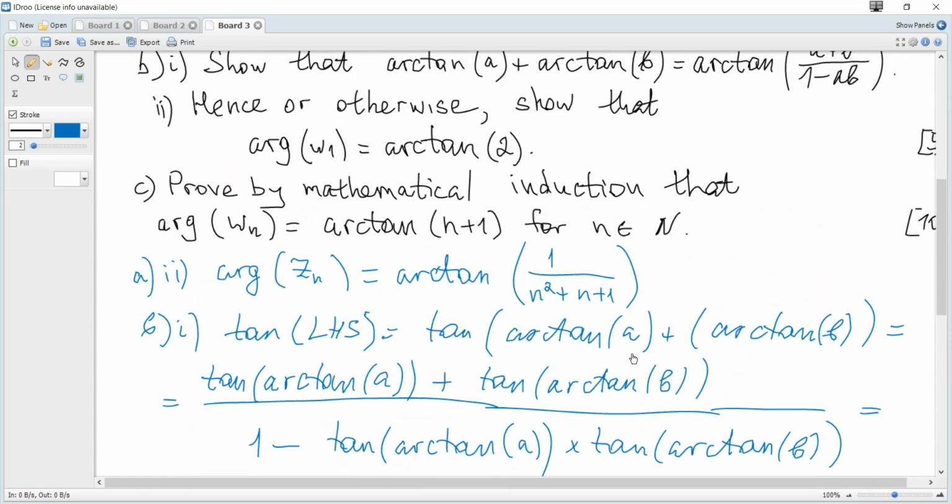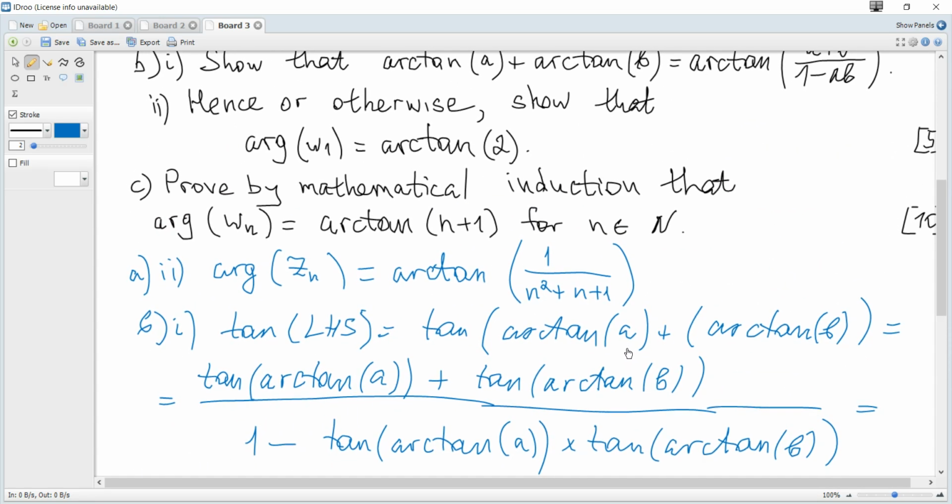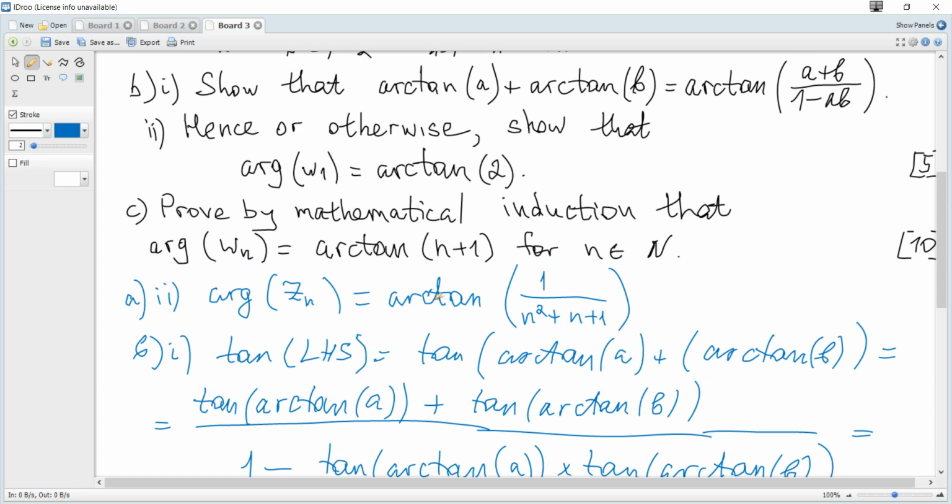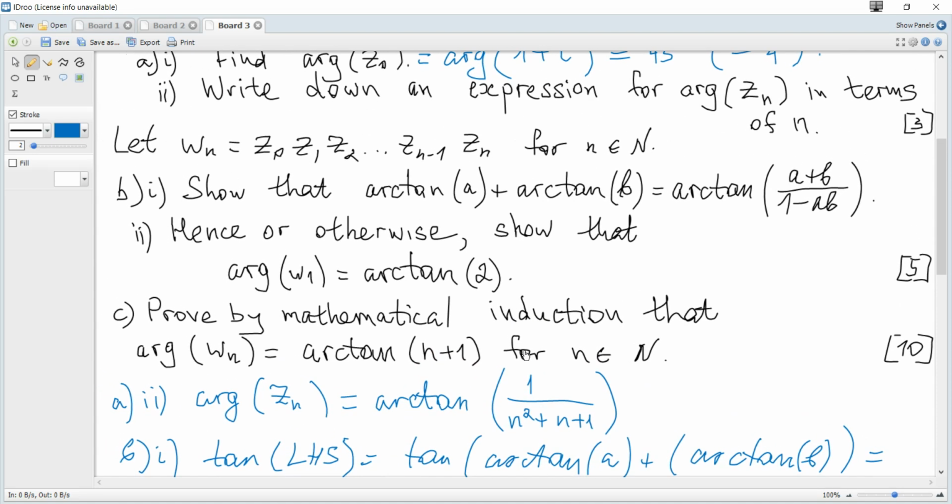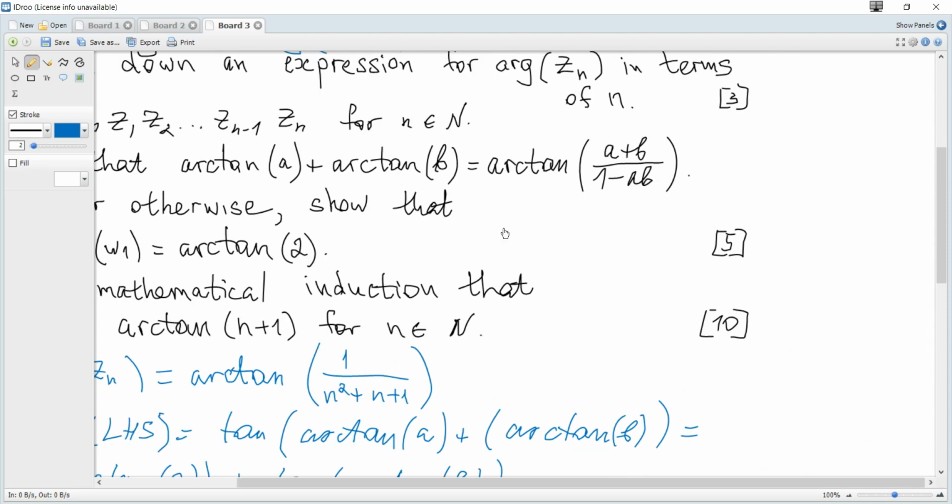Next, prove by mathematical induction that the argument of w_n is arctangent of n plus 1 for n natural, meaning 0 or any positive integer. And we start as usual.